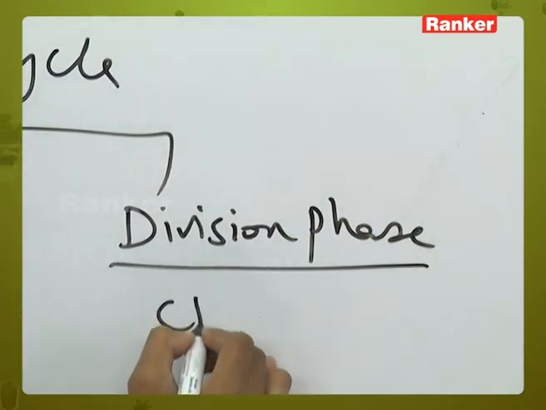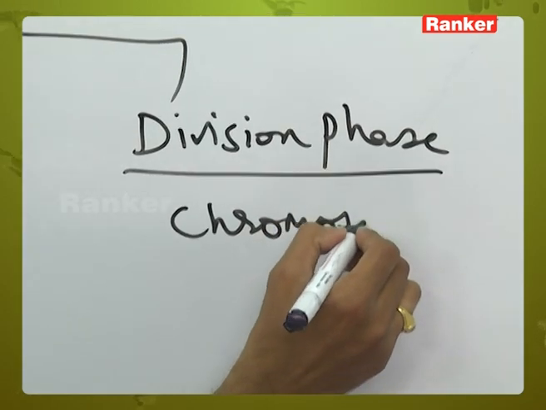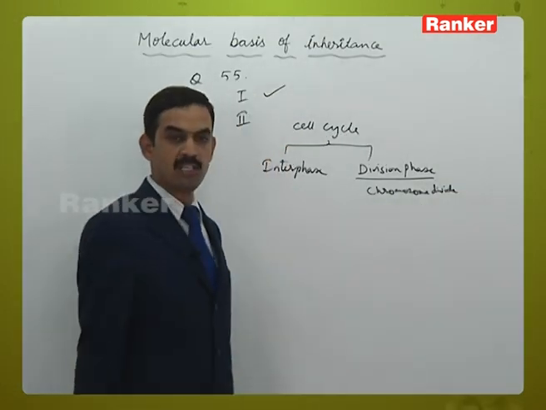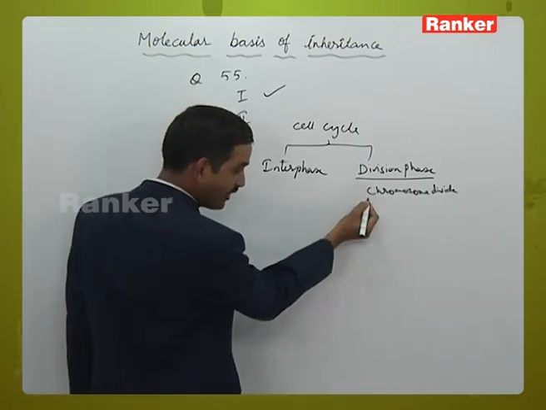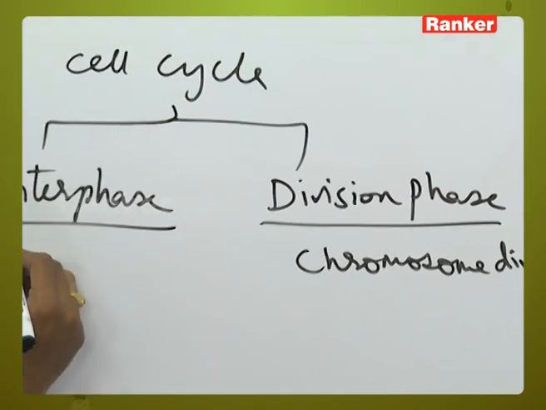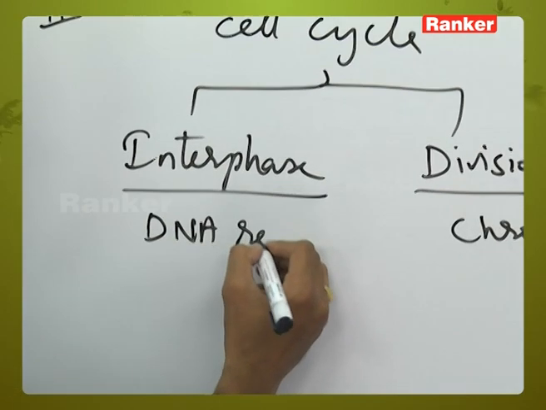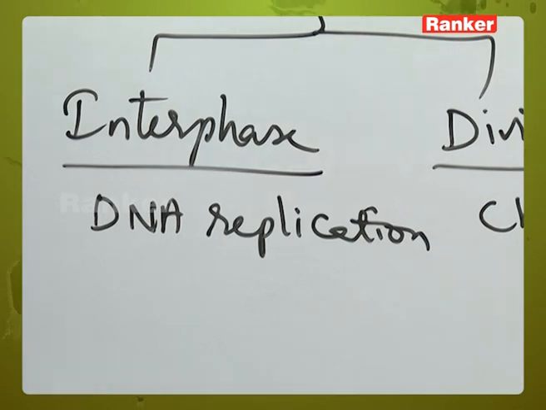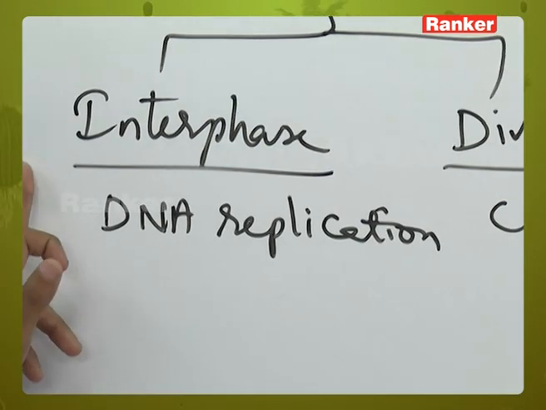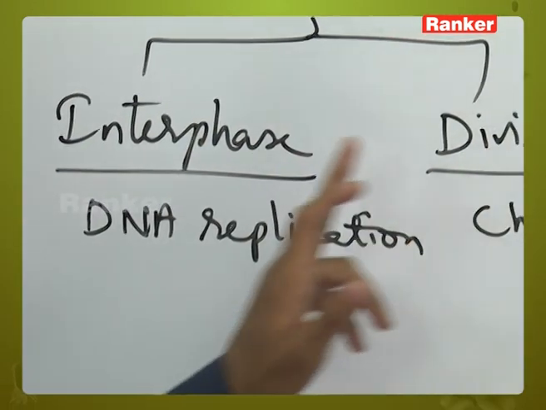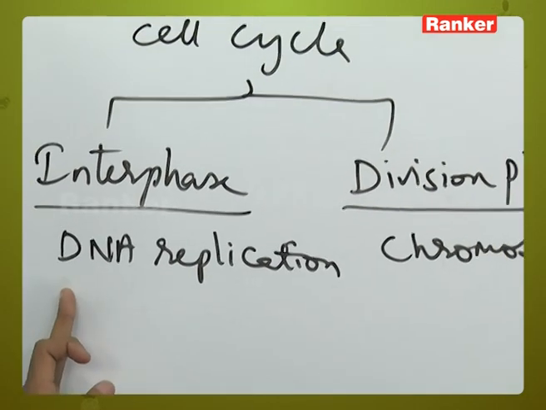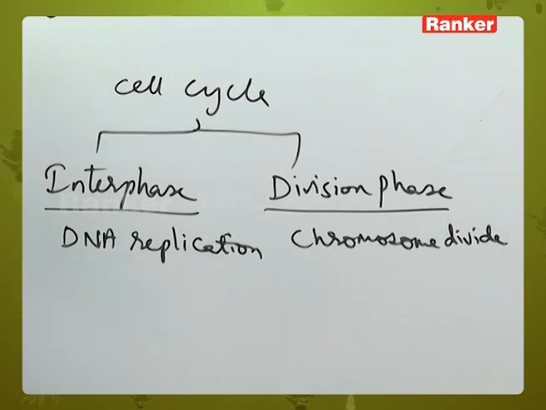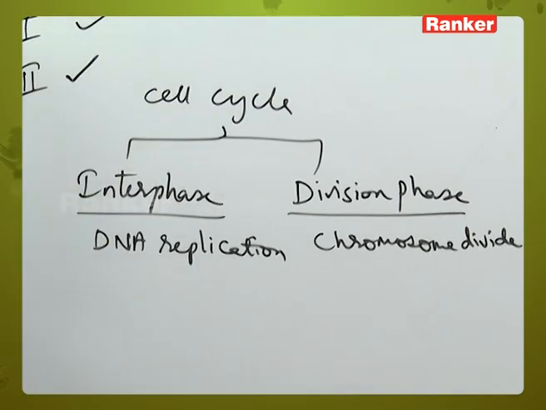During the division phase, the chromosome will divide, whereas before the division of the chromosome, DNA replication takes place during the interphase. That means for every cell cycle, first the interphase will occur, then the division phase, and during interphase DNA replication takes place before the chromosome division. So the statement given in B is also correct.